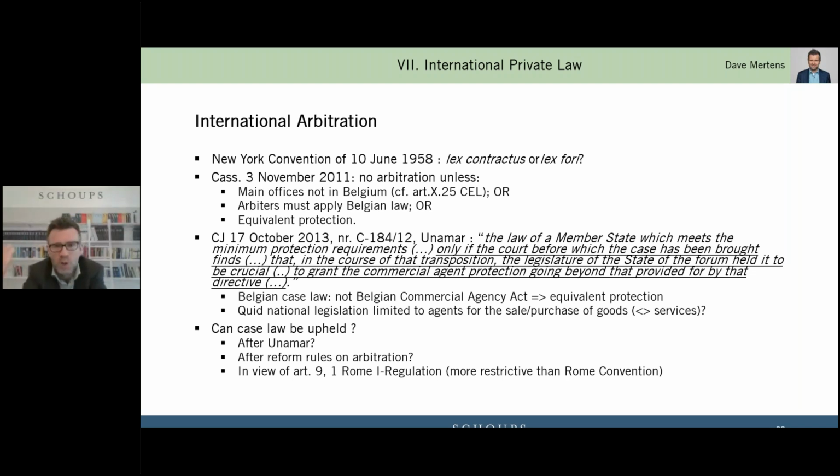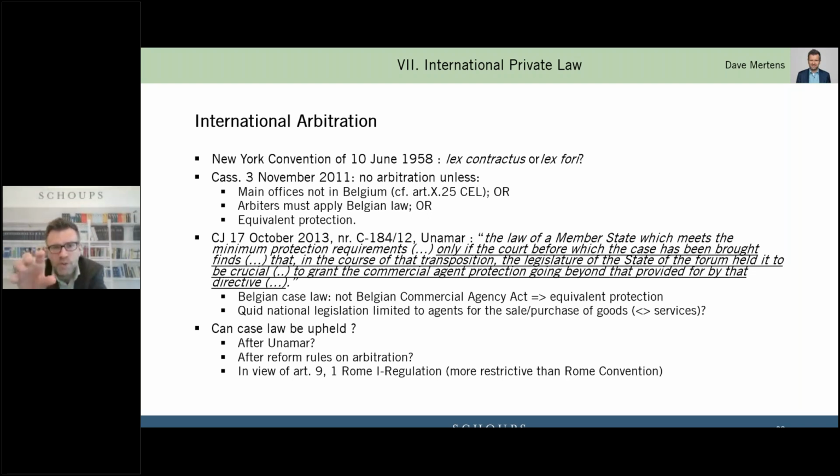It's not really crucial. So if you choose another law, it's deemed to be equivalent protection, even if, for instance, the chosen law, Spanish or whatever, gives less protection, for instance a shorter period of notice. That in itself is not enough to disregard the choice for Spanish law in my example.